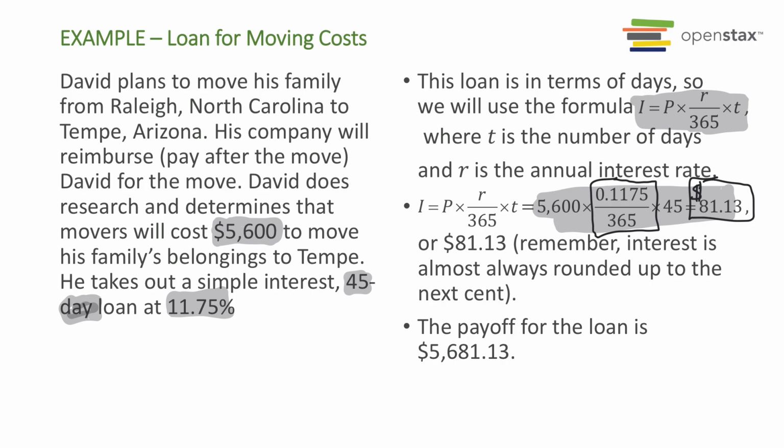Now this is for the 45 days. In this case, we've rounded because most financial institutions are going to round regardless. And so we round this to 81.13.